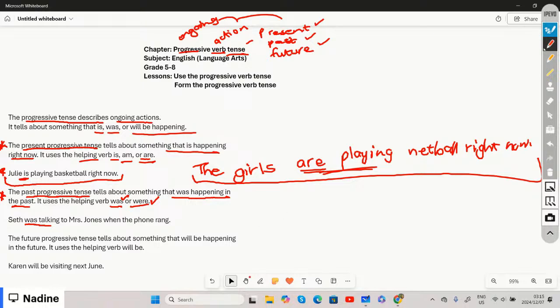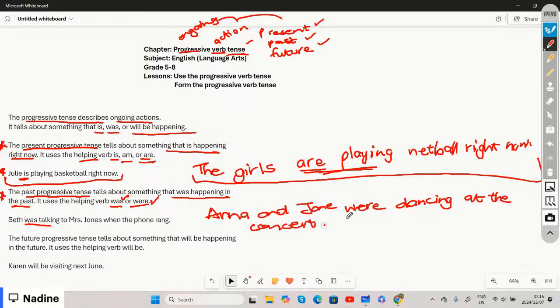But if we refer to more than one person doing something, let's say Anna and Jane were dancing at the concert, we use the word were because were refers to two or more people doing an action, right?